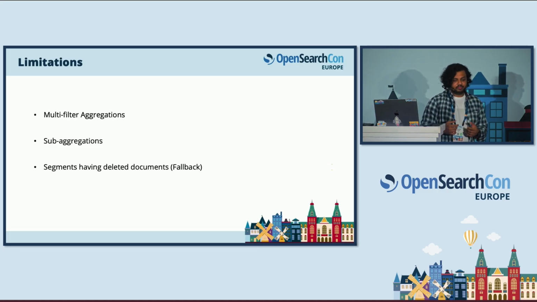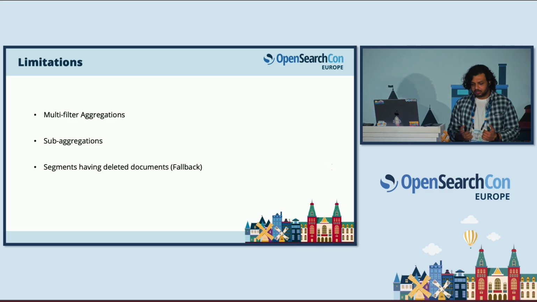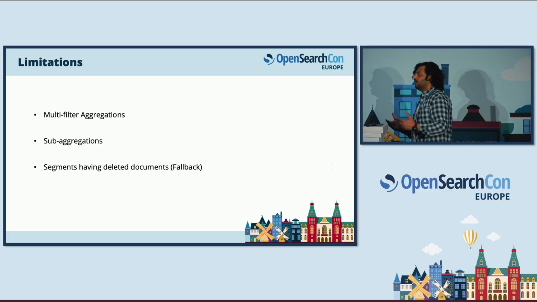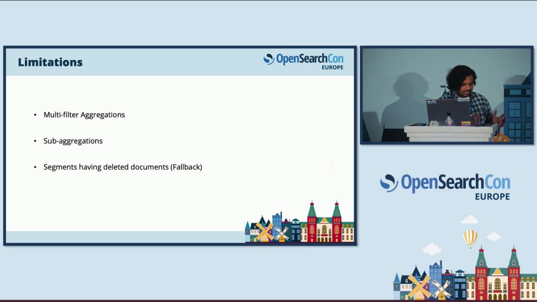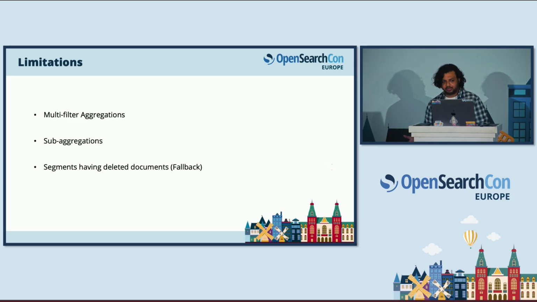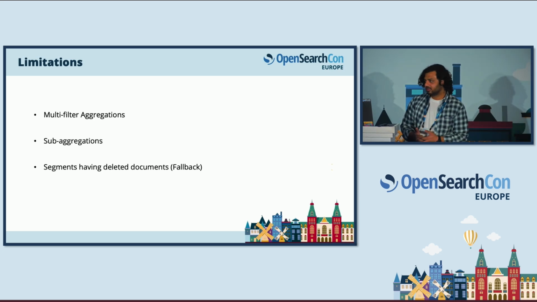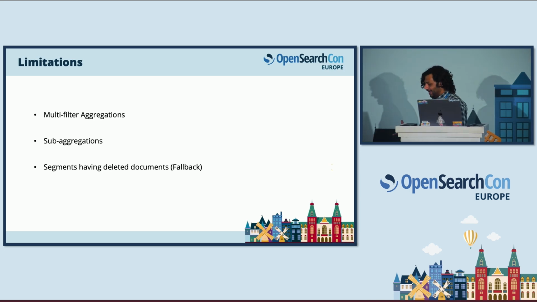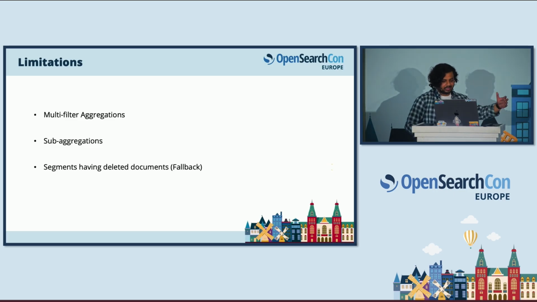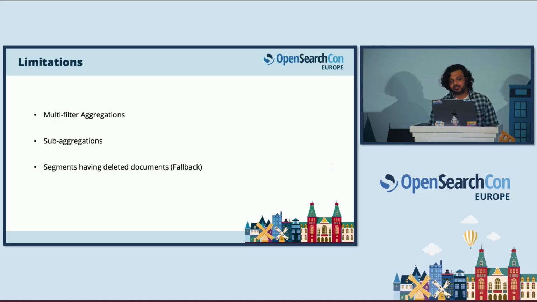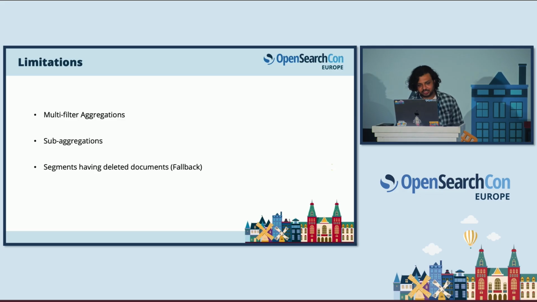So if you have aggregations in a nested structure, you can't use them, because one index structure will not have information about the other fields. The same limitation applies to multi-filter aggregations. Let's say you are doing an aggregation on a field A, and you have a top-level query running on a different field, B. One index structure does not have information about the other, so multi-filter aggregations also become a challenge.